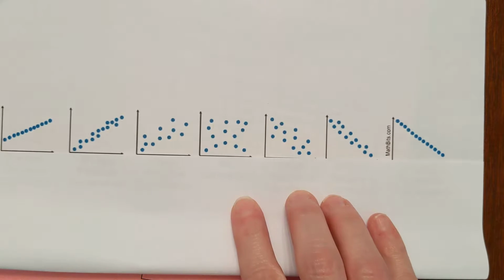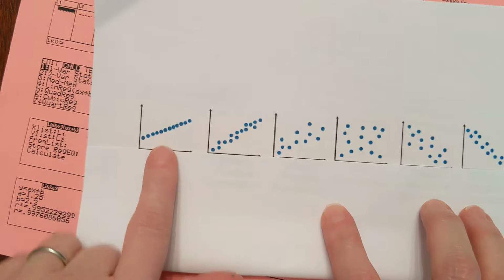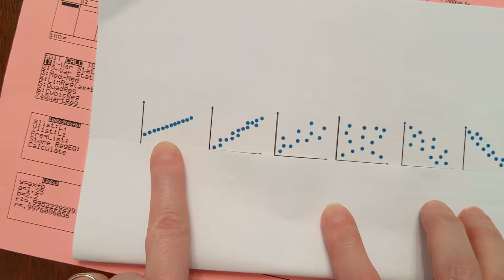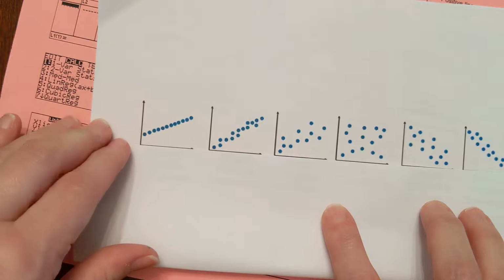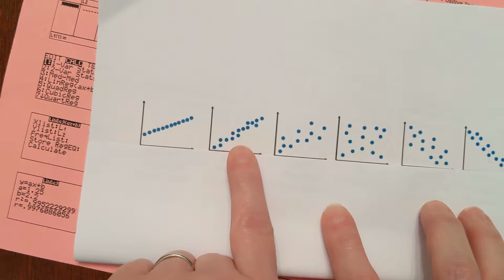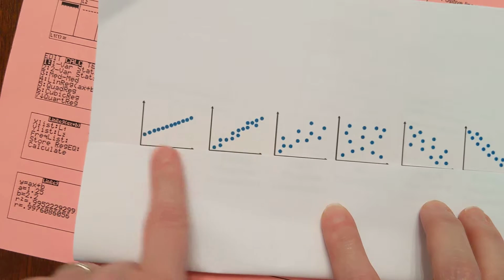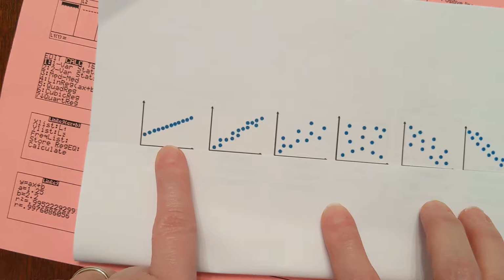So we're going to talk about just how strongly correlated your data is. For instance, this one right here is a very strong correlation. These data points are basically forming a precise, exact line, so we would say that's strong linear correlation. This one we would say is actually perfect linear correlation. This is a perfect line.